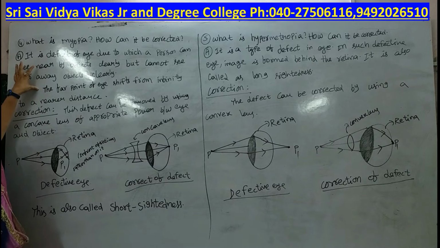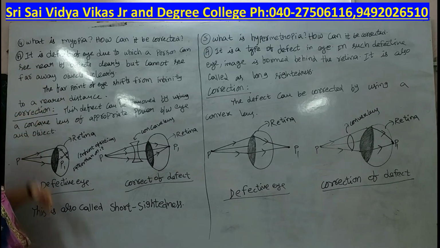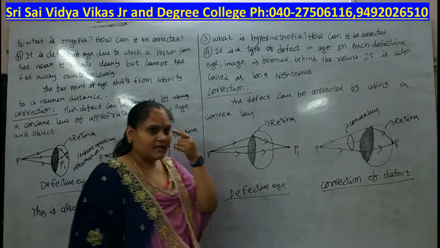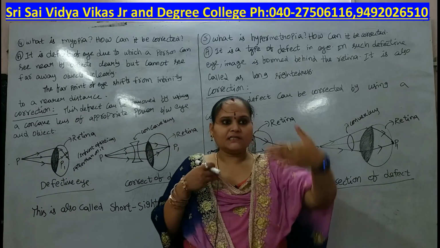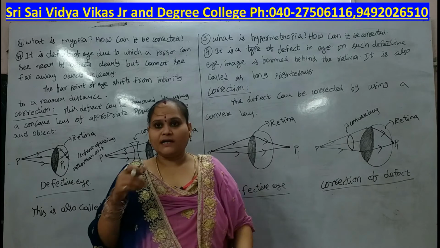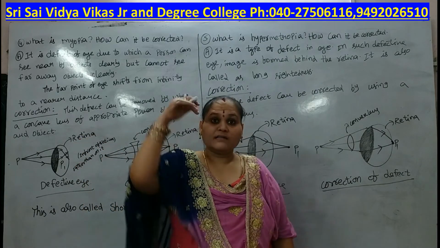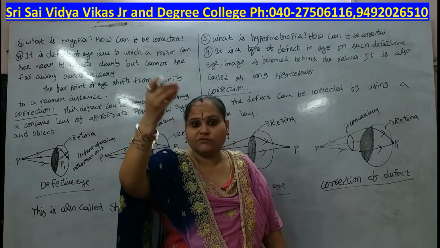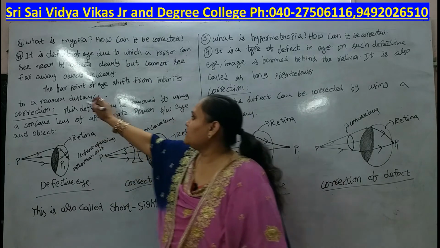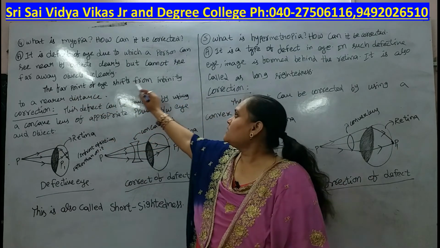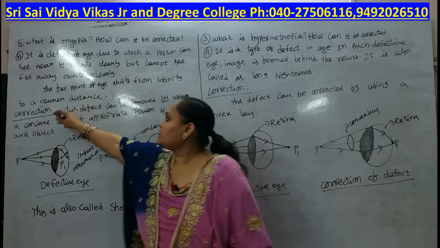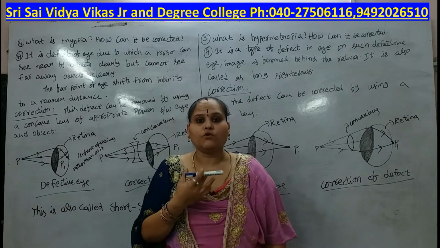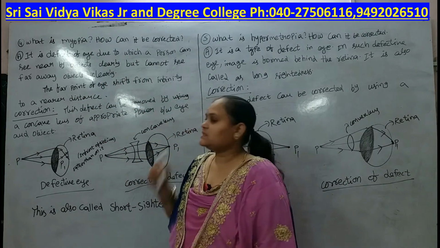It is also known as the far point of the eye shifts from infinity to a nearer distance. Our eye chooses nearer places and far away places, but in this defect the far point is shifted to the nearer point. That's why the far point of the eye shifts from infinity to a nearer distance. This defect can be due to this reason.